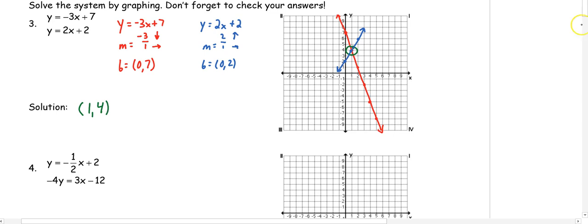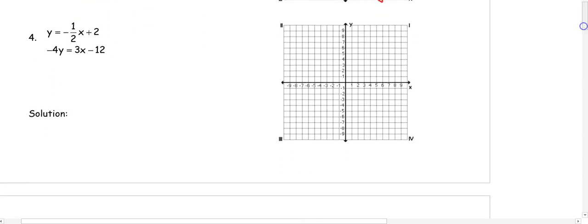All right, let's try number 4. We have y equals -1/2 x plus 2 and -4y equals 3x minus 12. The first equation is already in y equals form. My slope is the value in front of the x, -1/2, and my b value is the number by itself, so 0, 2.